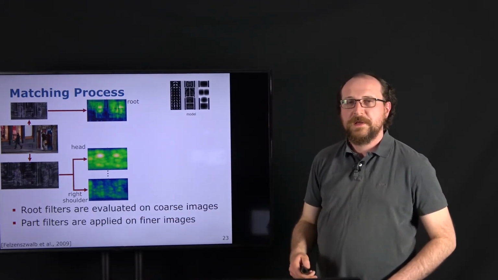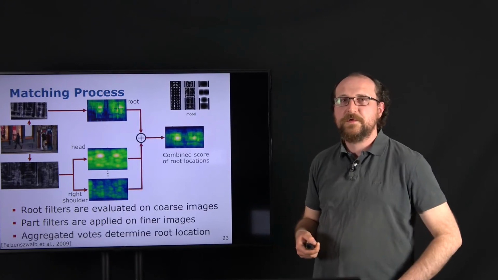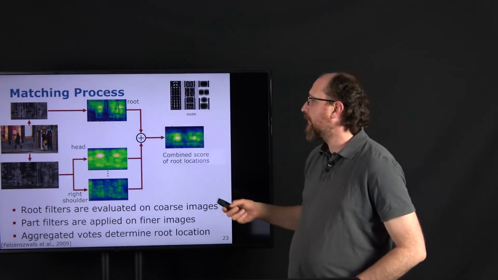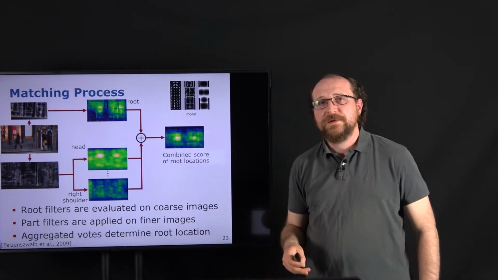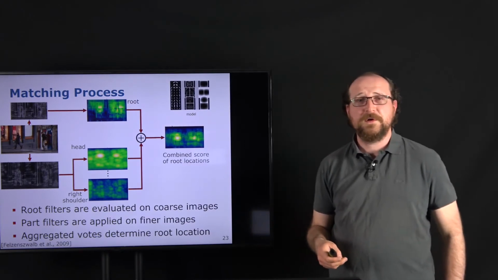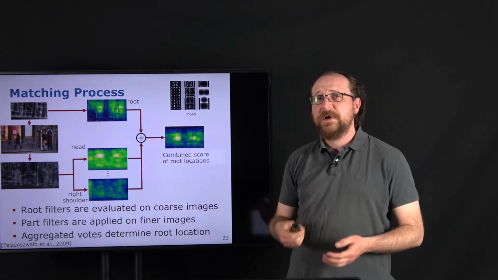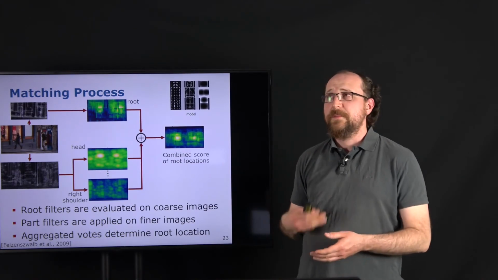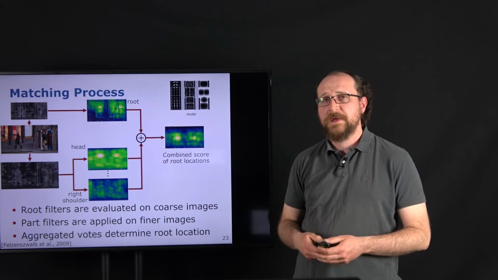Now combining both together, so aggregating the votes from the root filter but also from the part filters, you then get, hopefully, the real location of the objects. And the deformable parts model was the approach that was very often applied early on.